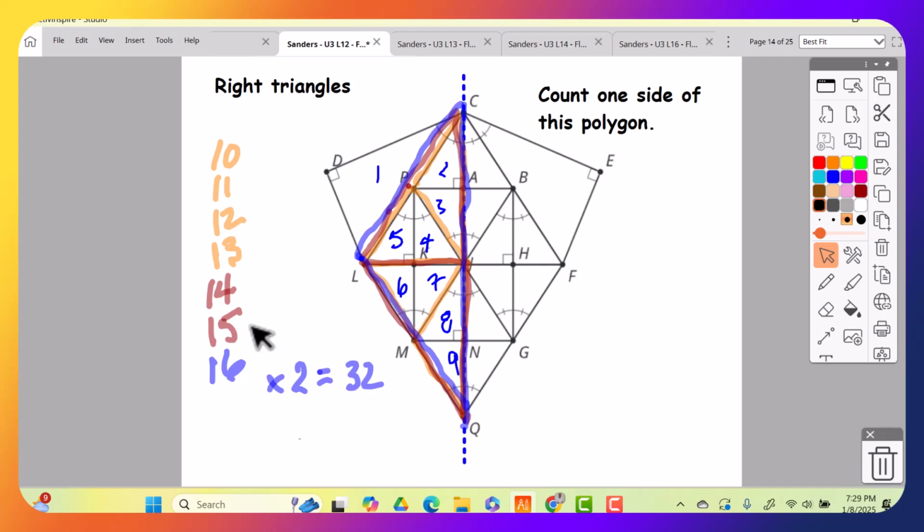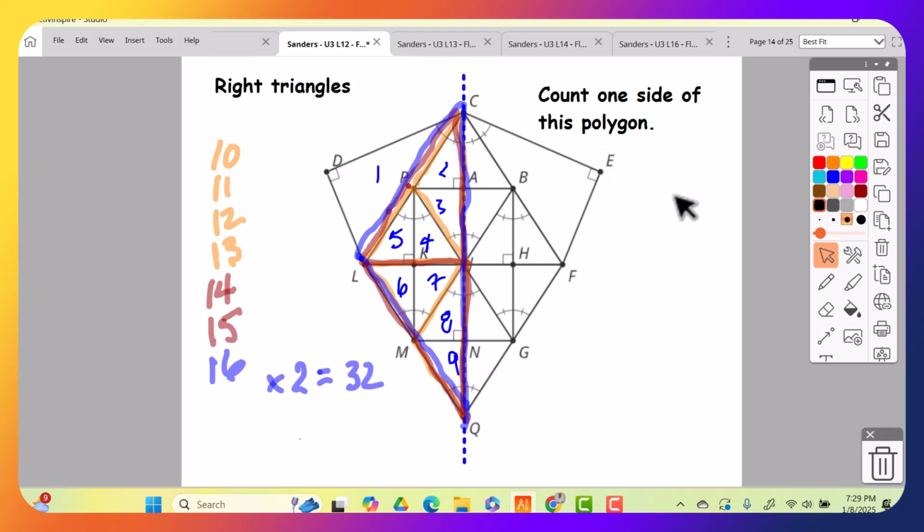And then there's one big triangle right here that incorporates all of these triangles other than triangle number 1. So there are 2 of those. Let's see. I'm sorry. There's 1 of those. So that's triangle 16. Times 2 for both sides, that gives me 32 triangles if I just look at the triangles on the left and then reflect them across.